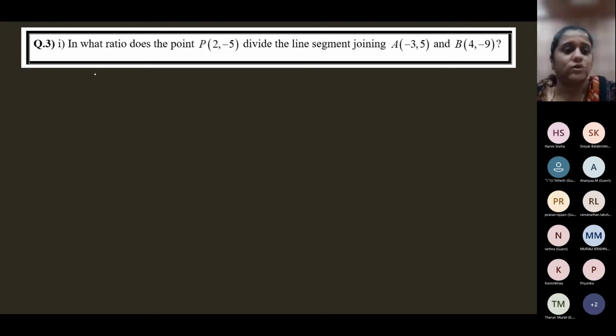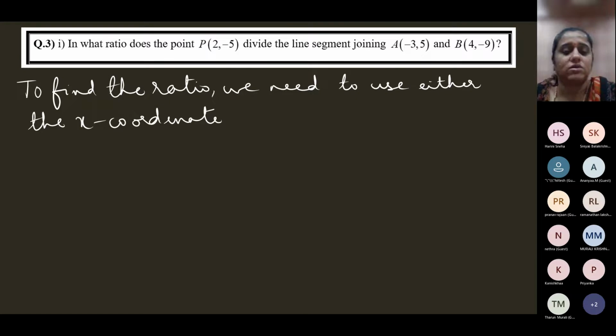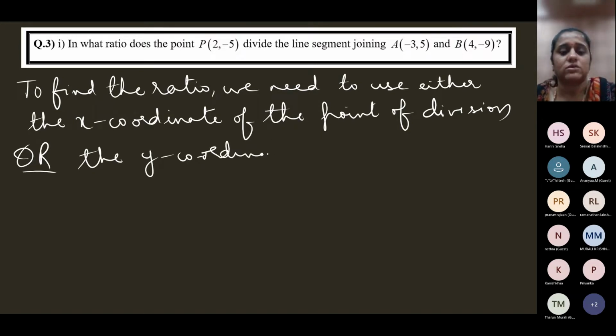Make a note of this: in the section formula, to find the ratio, we need to use either the x coordinate or the y coordinate of the point of division.